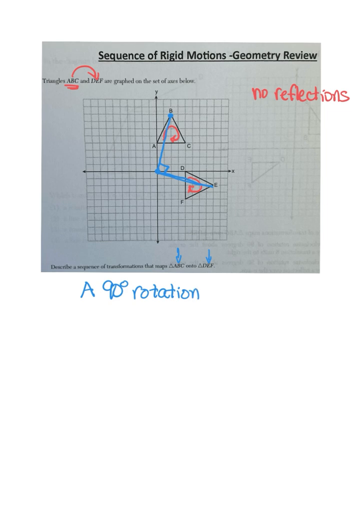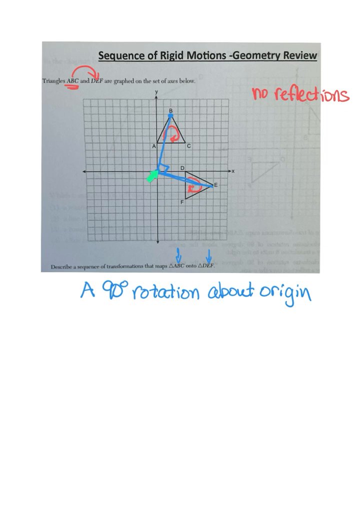Now you have to say two things. What it's about. So in this case, it's about the origin, meaning we're rotating about this point. Kind of think of like a pinwheel, right? This is the fixed point. Or even a Ferris wheel, right?